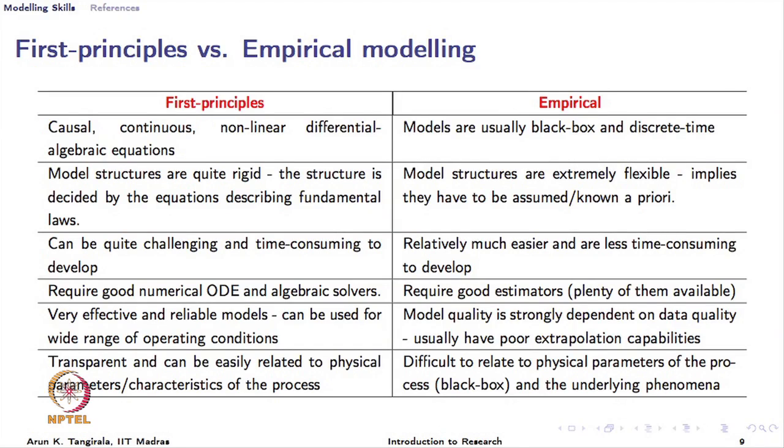So, empirical models have a lot of points in favor of them, as long as you are aware of the limitations, the prime limitation being that model quality is strongly dependent on the data quality. If you remember that, then you will not give excessive importance to the empirical modeling approach, and will tread with a lot of wisdom, so to say.